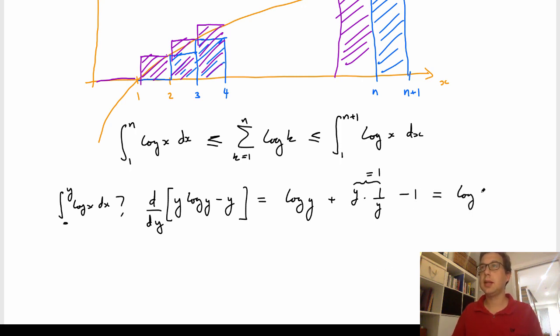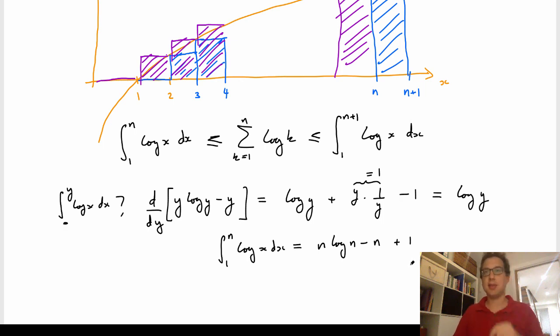So in the end, what I'm going to get is log y. So in other words, the integral from 0 to x, or let's say 0 to n, or let's not do from 0, let's do from 1. The integral from 1 to n of log x dx is going to be equal to n log n minus n. I should probably be a little bit careful here. I should probably add a plus 1 or something like this actually.